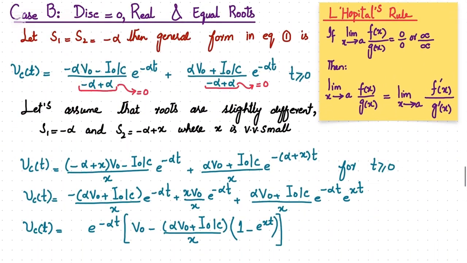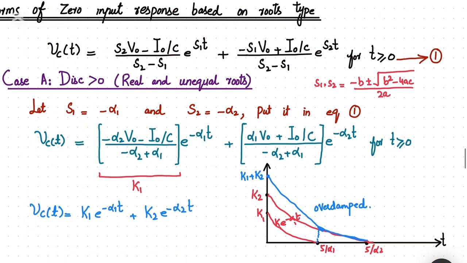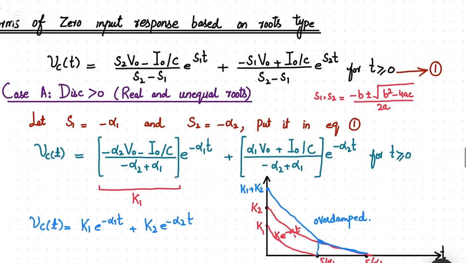The next case is case B, when the discriminant is equal to 0, and when the discriminant is 0, roots would be real and equal roots. In this case, let's assume that the two roots s1 is equal to s2 is equal to minus alpha. Then the general form is equation 1, given above.